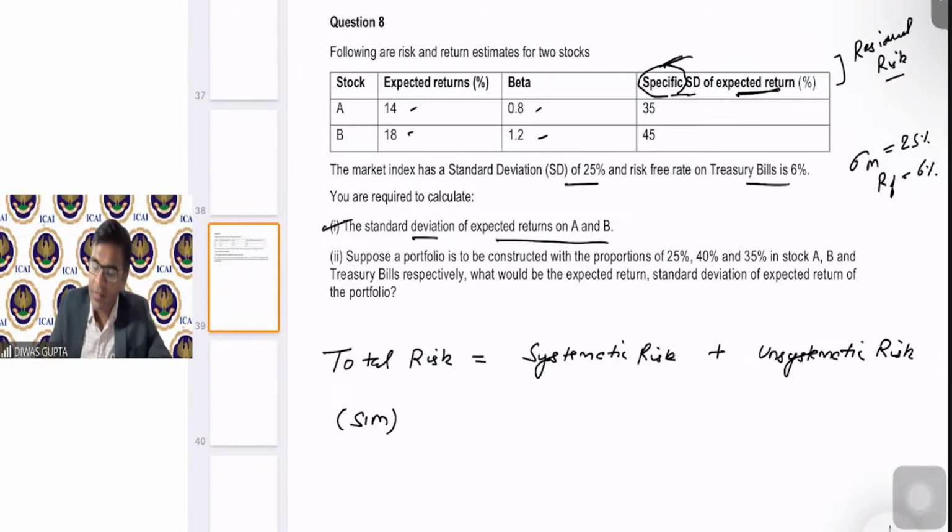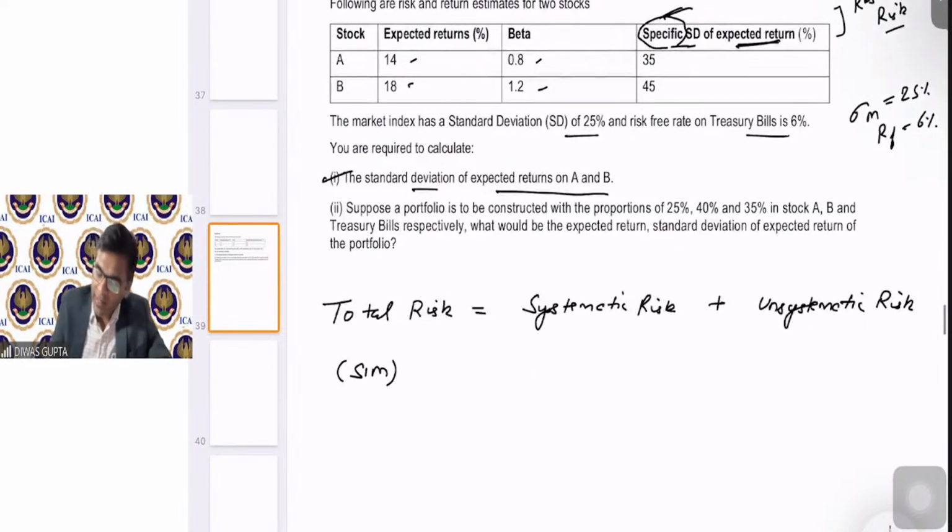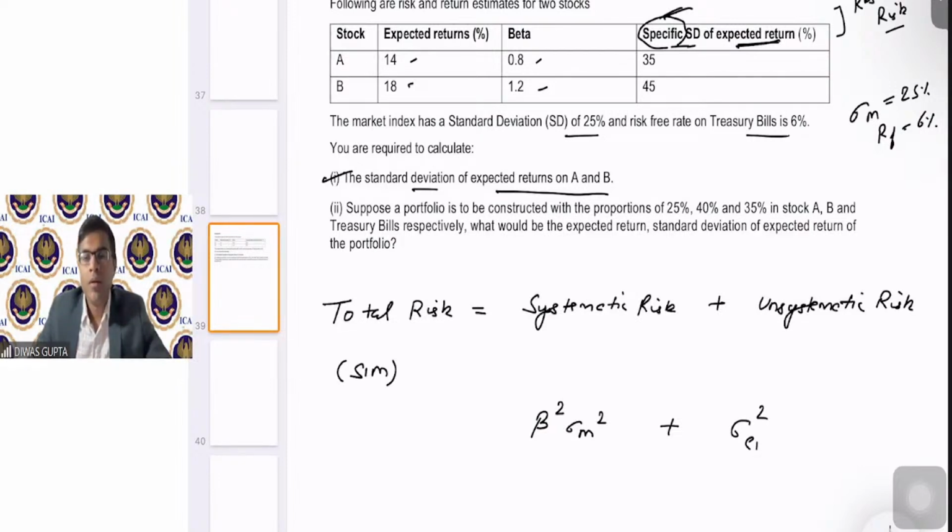So here we said that systematic risk is related to the market, and hence the systematic risk will be beta square standard deviation of market square, which is variance of market, plus unsystematic risk was standard deviation of residual value taking a square there.